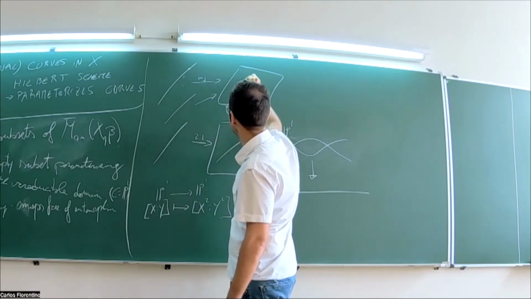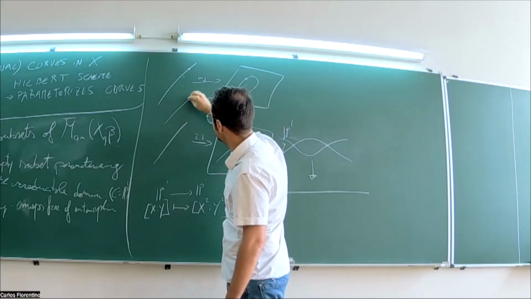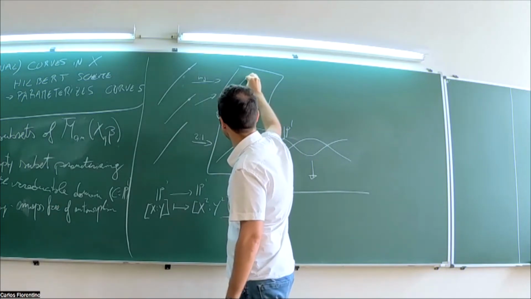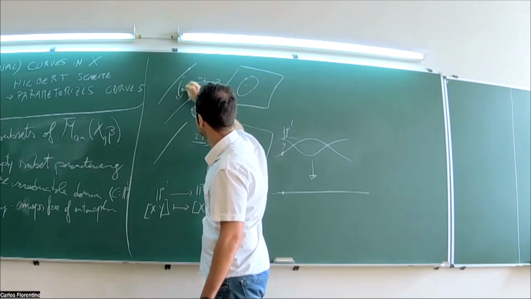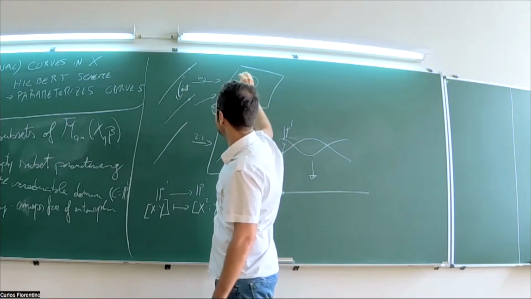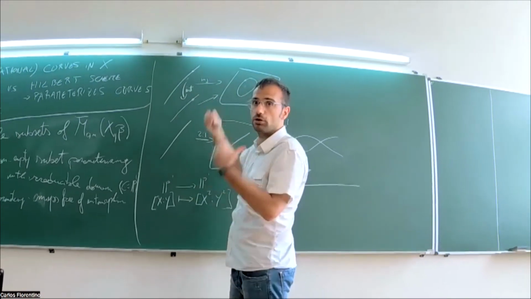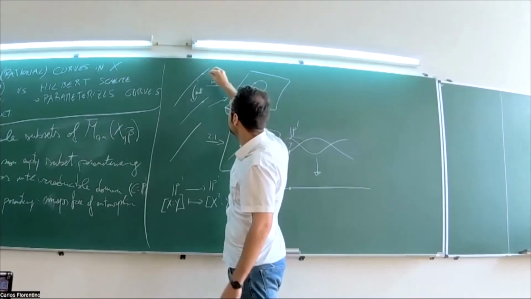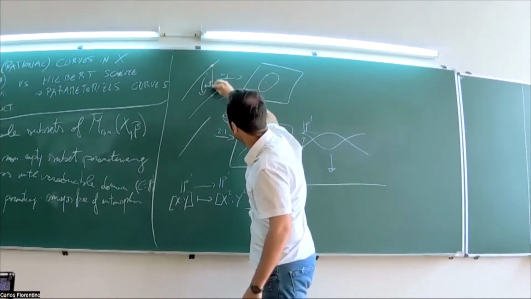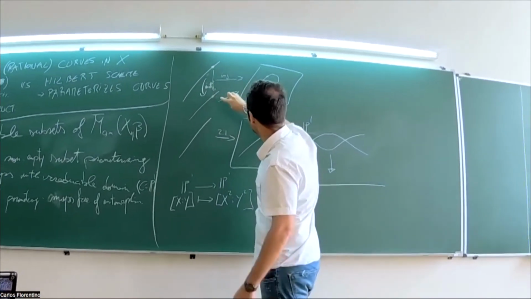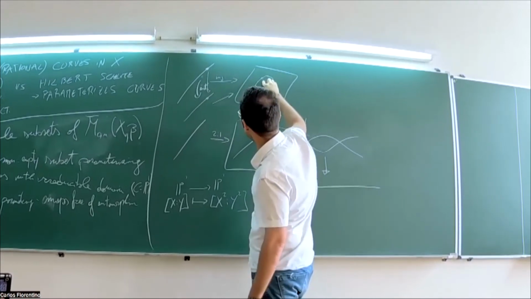Since it's an automorphism of the map, not of the domain, it must send this point to the point that has the same image.